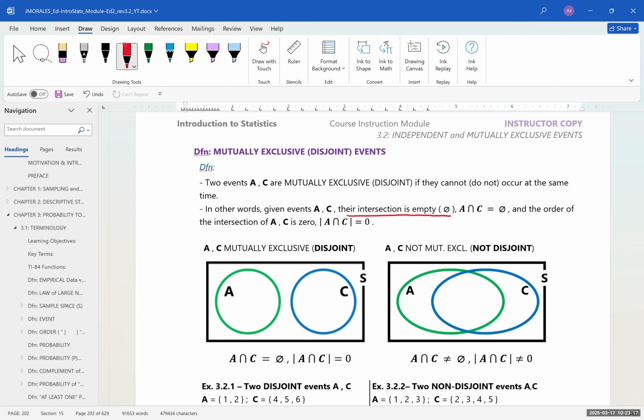So this is another way of saying it: when we say their intersection is empty, that's how we would say it in a literal sense. But how we would say it mathematically as an expression would be something like this. Commonly, you'll see a zero written with an O and a line through it.